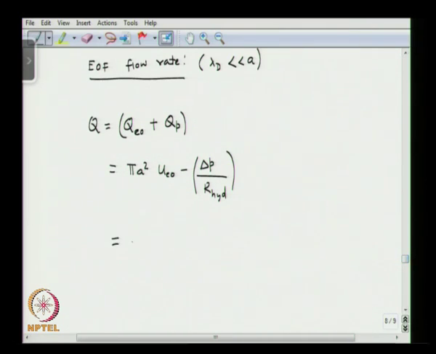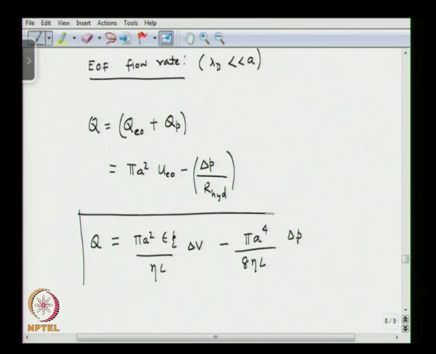So, you can say it is pi a square epsilon xi over eta L into delta V minus pi a to the fourth divided by 8 eta L into delta P. So, that is the expression for the flow rate. Okay.